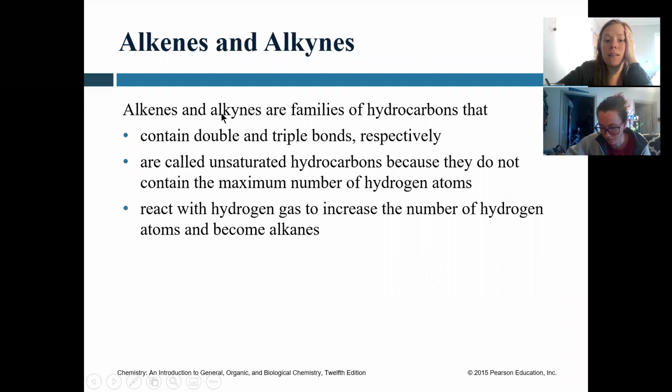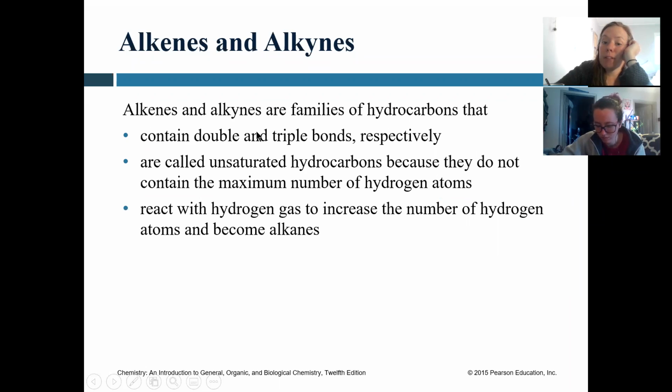So alkenes and alkynes are a family of hydrocarbons that contain, if it's an alkene with an ENE ending, a double bond. So it'll be a carbon double bonded to another carbon. The double bond is not carbon to hydrogen. It's not carbon to oxygen. It has to be a carbon double bonded to one of the other carbons on the main chain.